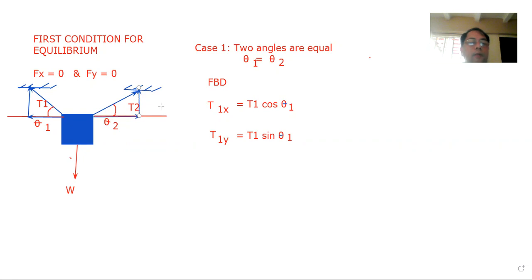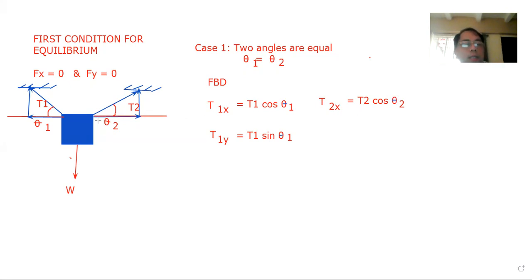These two components make up the value of our T2. How do we get T2x? T2x will be equivalent to T2 cosine theta 2, because we have an angle theta 2. Again, bear in mind that theta 1 and theta 2 are the same angle measurements.